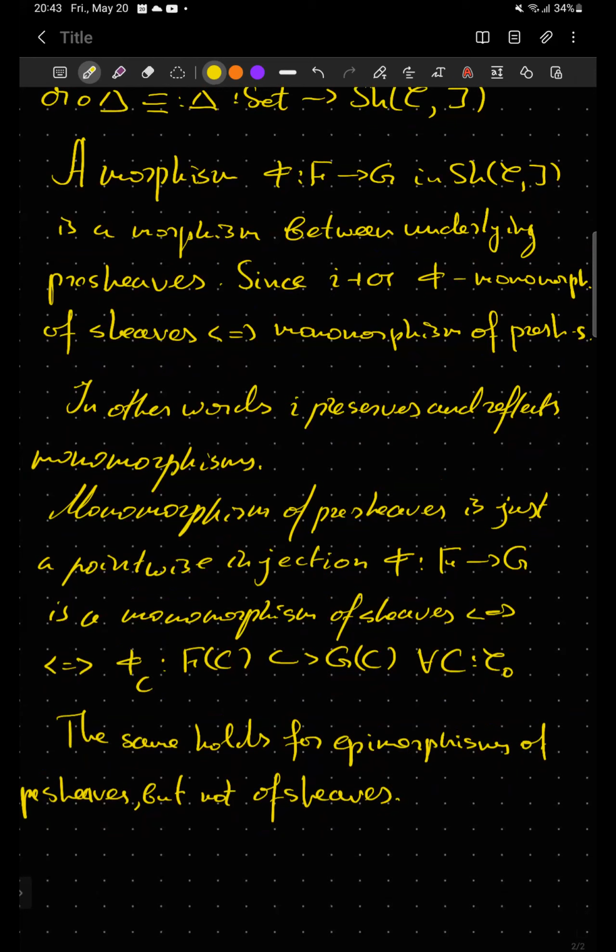Okay, so another corollary of the theorem on sheafification is the existence of small colimits in sheaves on a site. Let me give a recipe for computing such colimits.